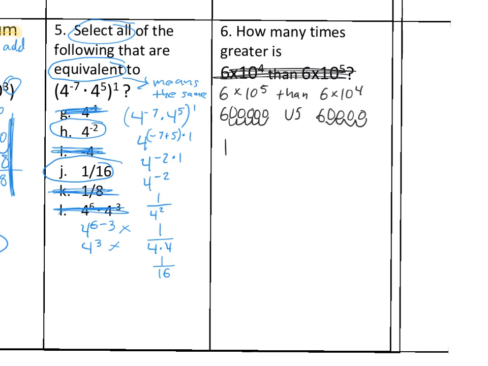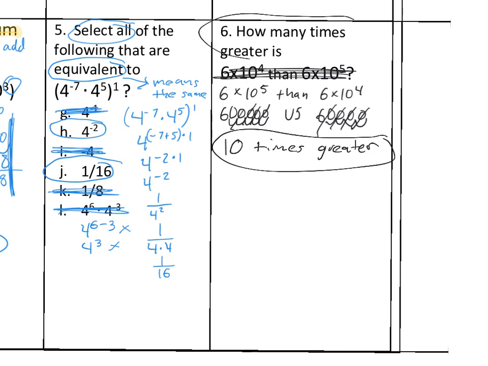And eliminate 0. So that 0 crosses out with that 0, and so on for four zeros. And we have 1 0 left here. So guess what? Hey, 10 times greater. 10 times greater. That's your solution right there, because it's asking for how many times greater right here.